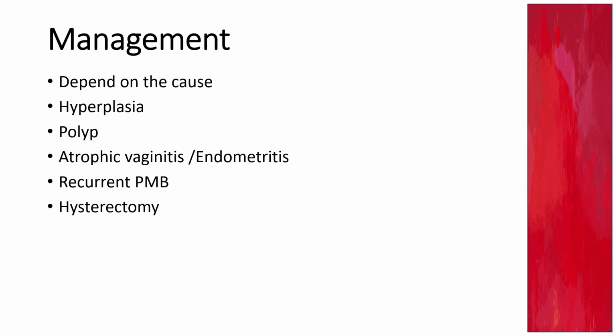Women with hyperplasia with atypia should be given the option of hysterectomy with bilateral salpingo-oophorectomy, because the chance of developing endometrial carcinoma is roughly about 8%, and also the chance of coexisting carcinoma is about 43%.